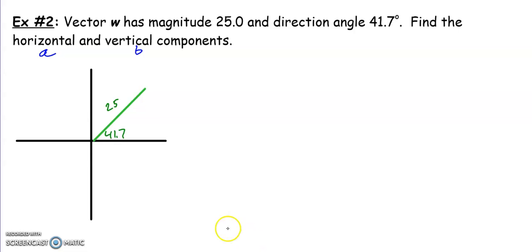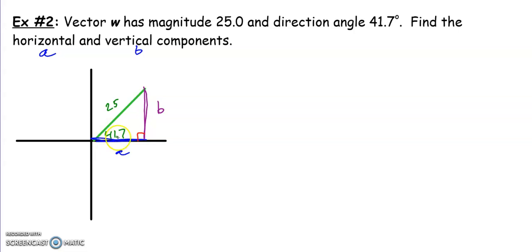And what we are looking for is A, and we are looking for B. I'm hoping you're getting super good at drawing these triangles by now and understanding what they're telling us.